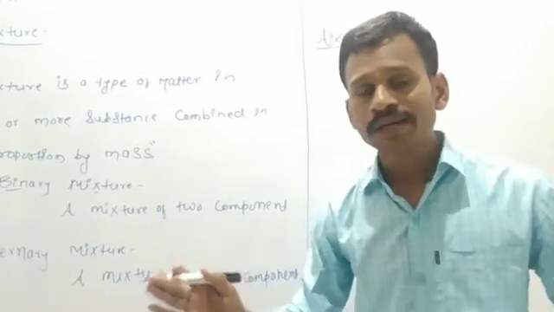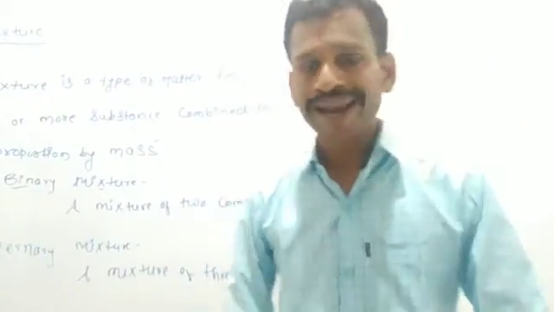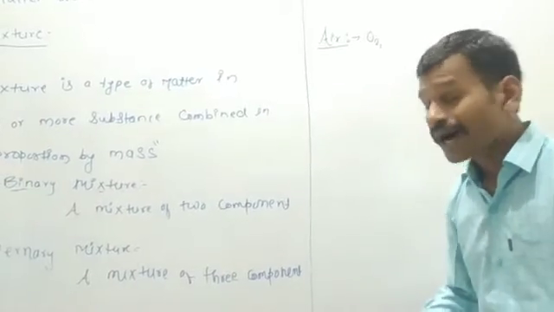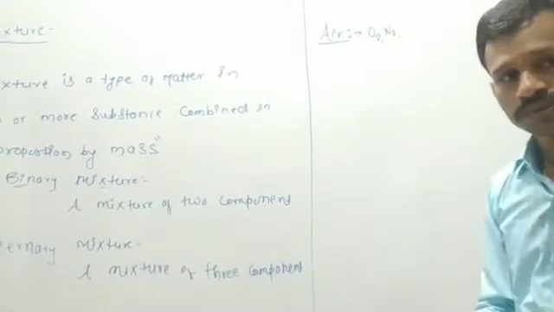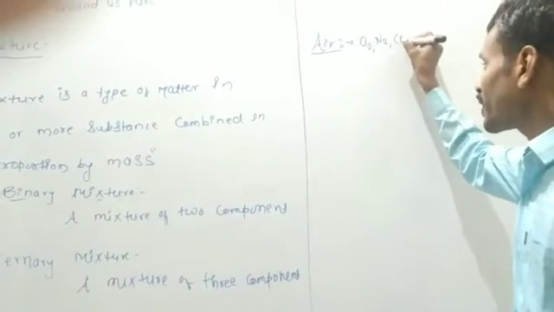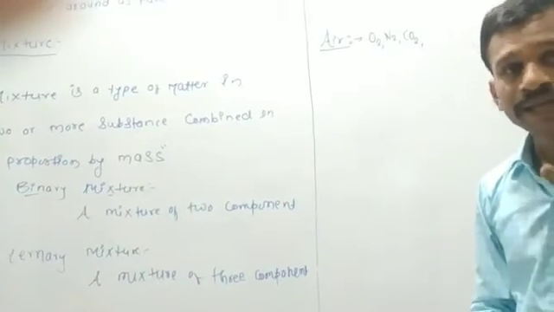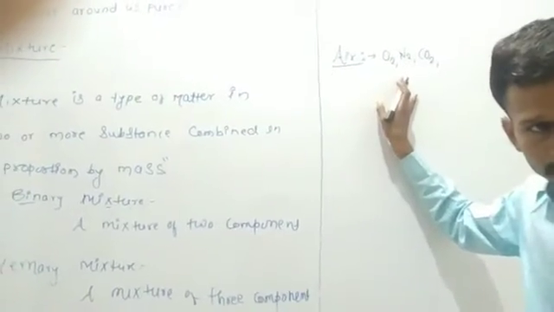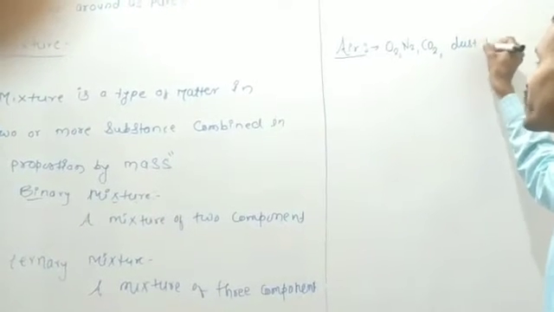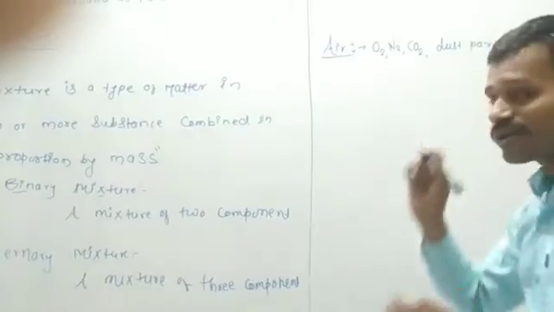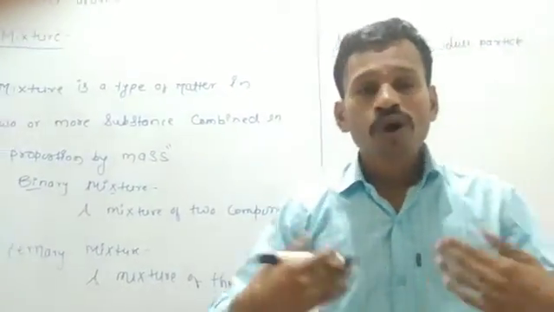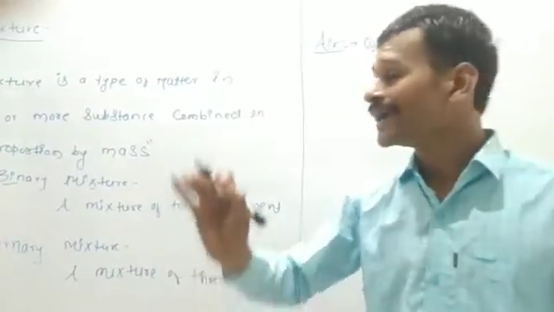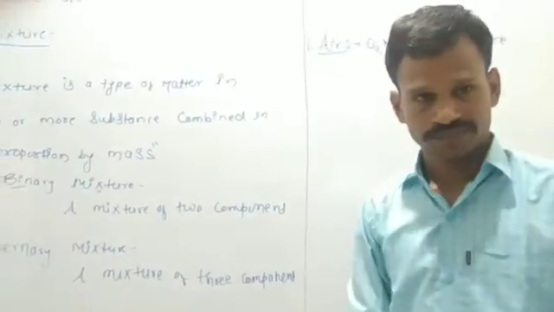We know that various gases are present in it: oxygen gas is there, nitrogen gas is there, carbon dioxide gas is also present, other types of gases are also present, and dust particles are also present. Because it is a combination of two or more substances, it is an example of a mixture. Understand, students?